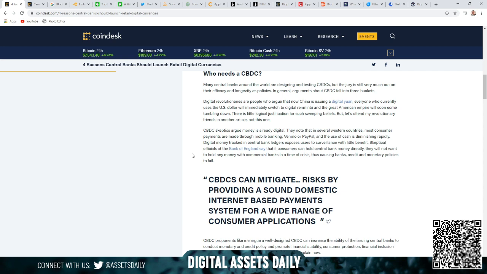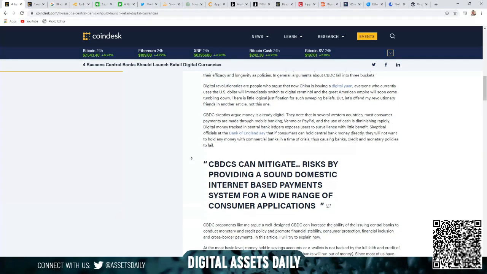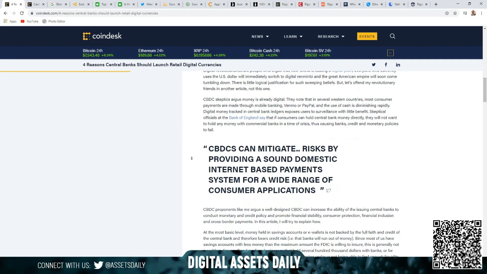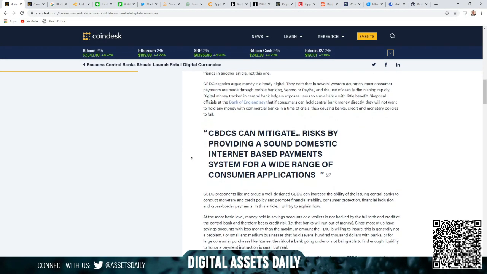not in this one. CBDC skeptics argue money is already digital, and they note that in several Western countries consumer payments are made through mobile banking, Venmo, or PayPal, and the use of cash is diminishing rapidly.